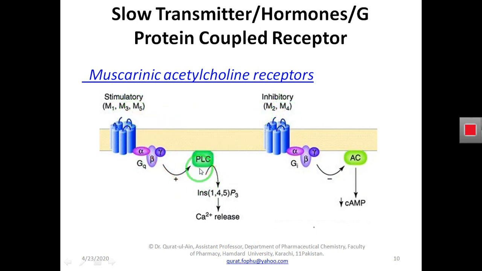When the G protein activates PLC, PLC converts PIP2 into PIP3, and this PIP3 goes to the intracellular calcium stores and releases calcium, and this calcium is involved in muscle contraction. We will see the details of each action of this receptor, or of this G protein, in the next slides.